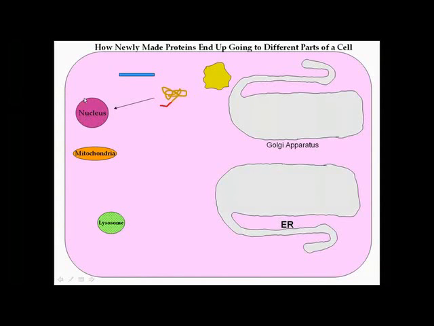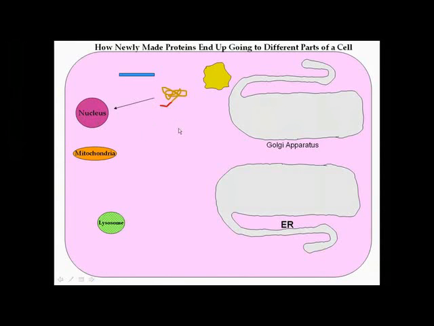It might be a pore that's found within the envelope of the nucleus. It might be some sort of structural protein that's going to help maintain the integrity of the nucleus. So there's all kinds of reasons why a cell would be interested in having proteins in the nucleus. And again, the signal sequence tells the cell to deliver that protein to the nucleus.